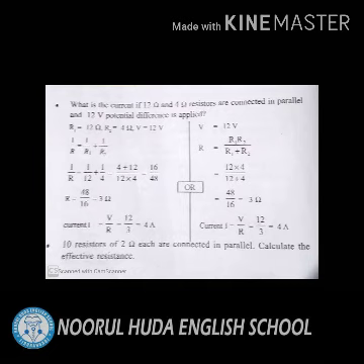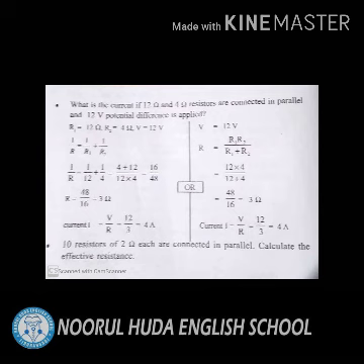So 4 plus 12 by 12 into 4, we get 16 by 48. So R is equal to 48 by 16, that is 3 ohm. In another way, R is equal to R1 into R2 by R1 plus R2, 12 into 4 by 12 plus 4, 48 by 16, we get 3 ohm. So the effective resistance is 3 ohm.